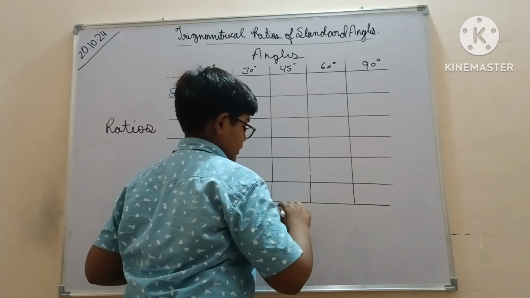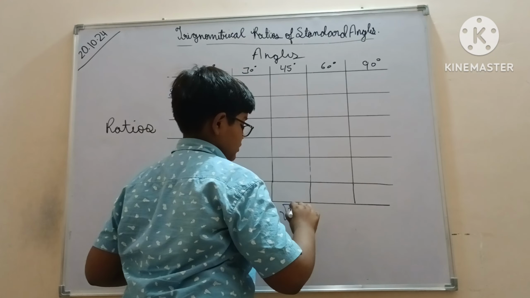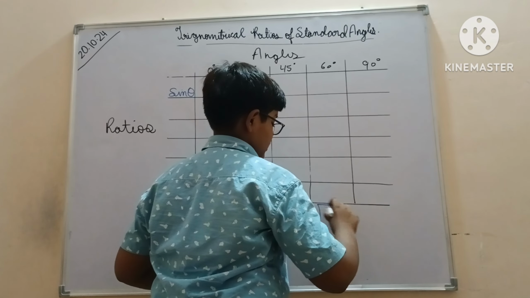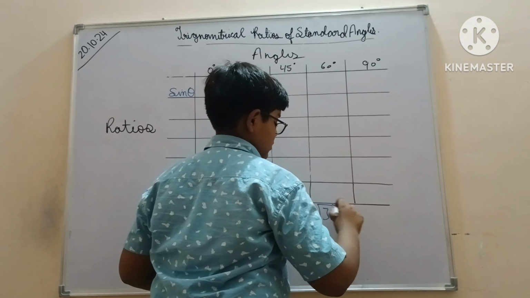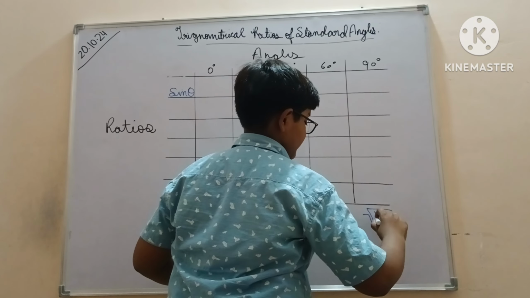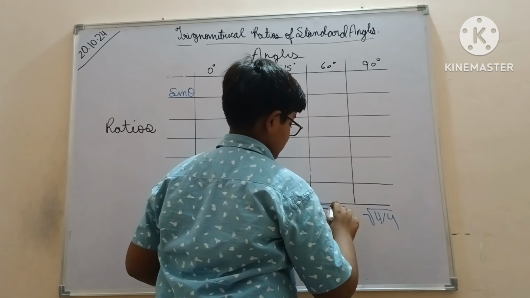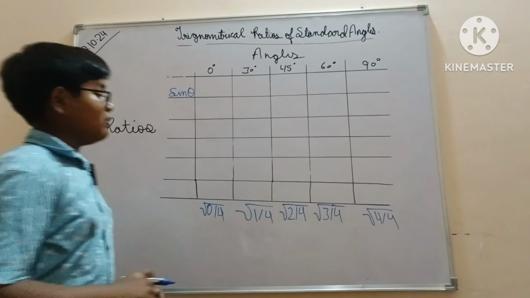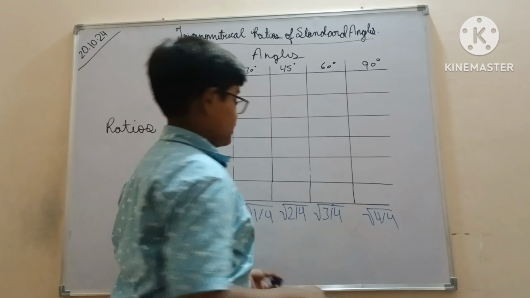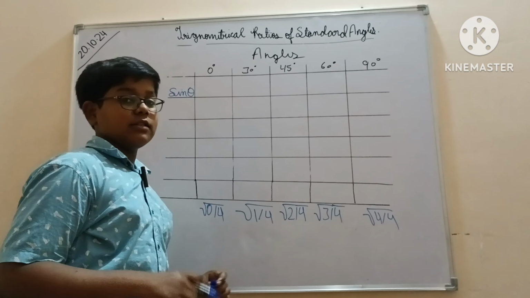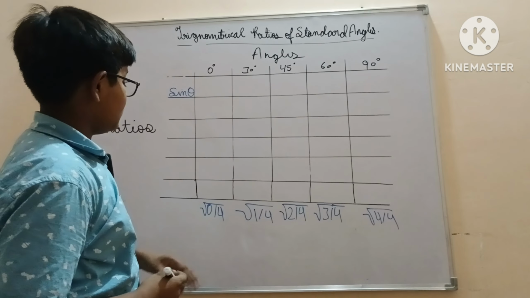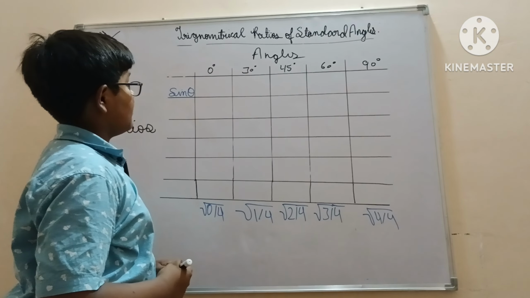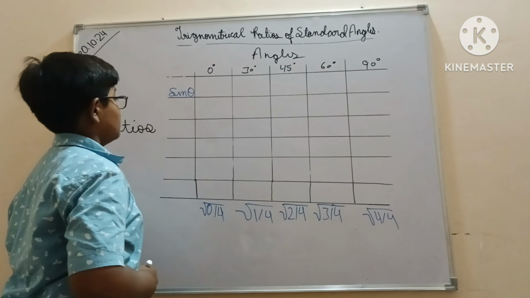Third is root 2 divided by 4. Fourth is root 3 divided by 4. Fifth is root 4 divided by 4. So we have written all the fractions which will find the value of sine theta.